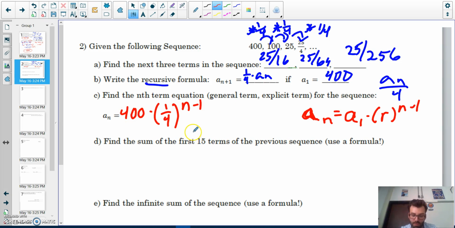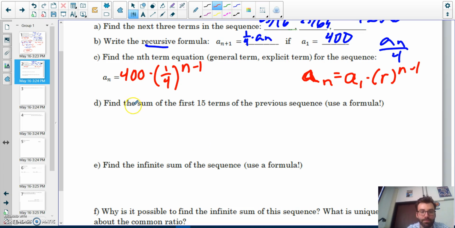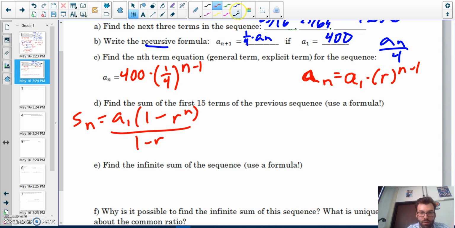Find the sum of the first 15 terms. Use the formula. Our general formula for the sum is S sub n equals a1 times 1 minus r to the n, all over 1 minus r.